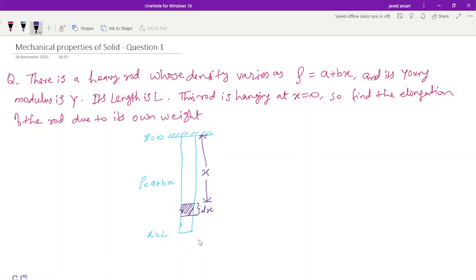And let's assume that the cross-sectional area of the rod is A. Let's assume that that is given in the problem.